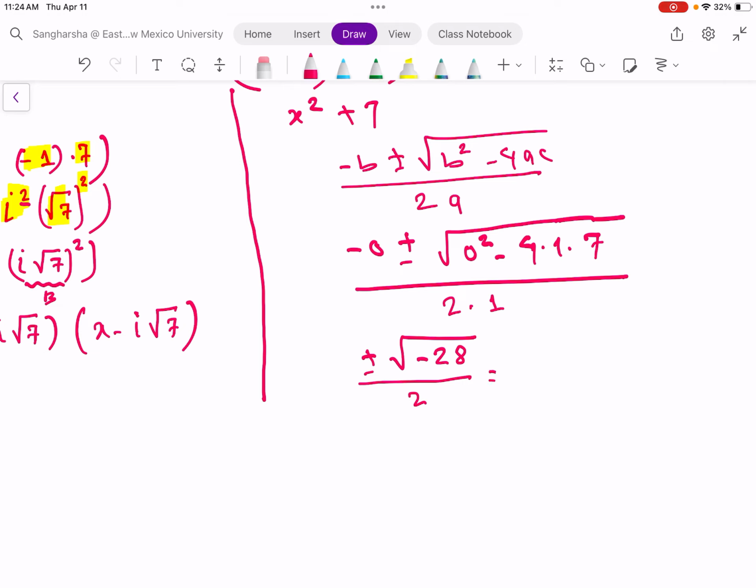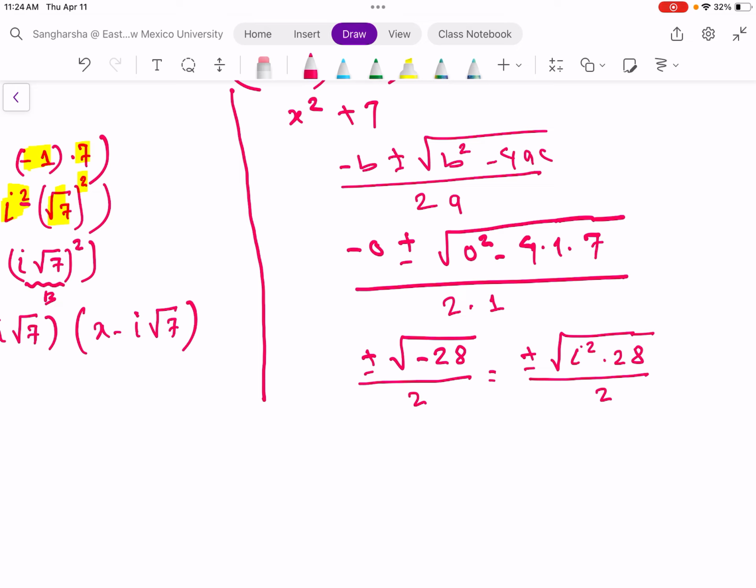Now, how do we get rid of the negative under the square root? Negative 28 is the same as negative 1 times positive 28, and negative 1 is i squared. So you replace the negative sign under the radical with i squared. Now we have plus or minus the square root of i squared times 28, divided by 2.